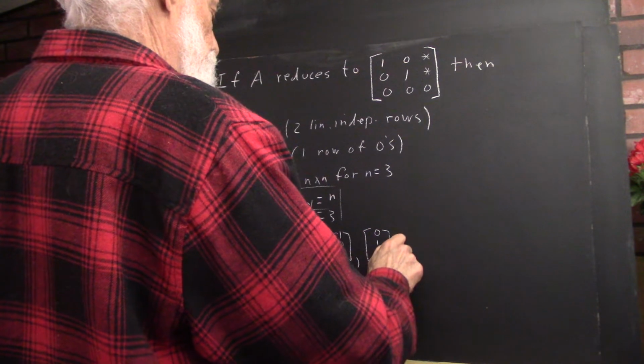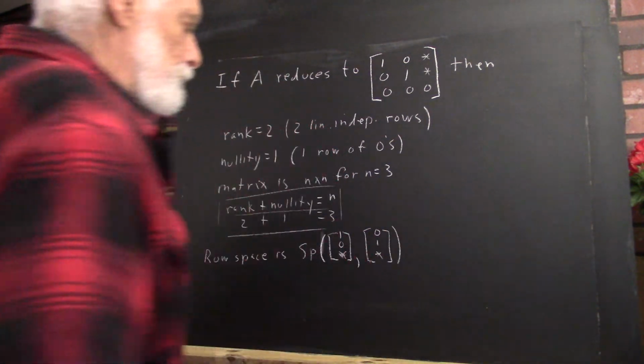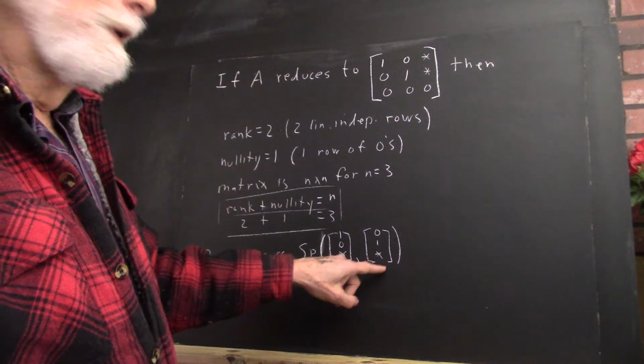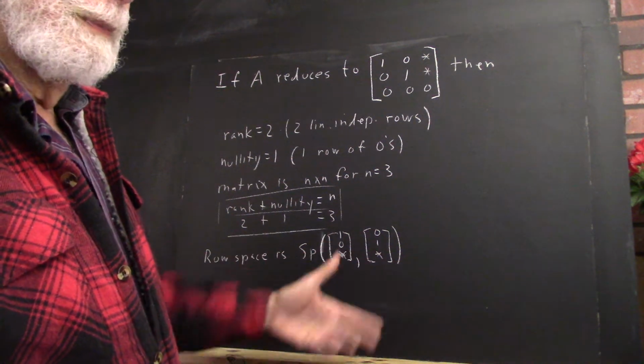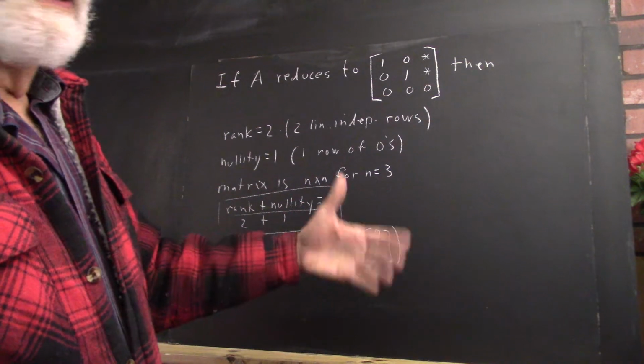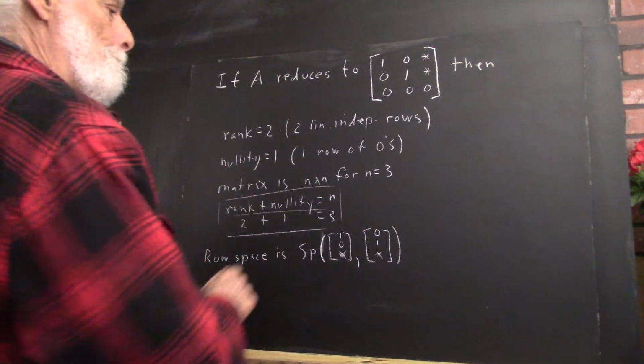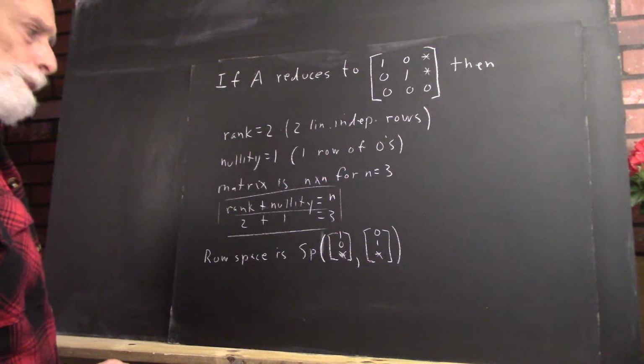And this asterisk can be any number. Now let's be clear, this can be any number, this can be any number, and this number don't have to be the same even though they're represented by that asterisk. Okay, so there's your row space. It has dimension 2.